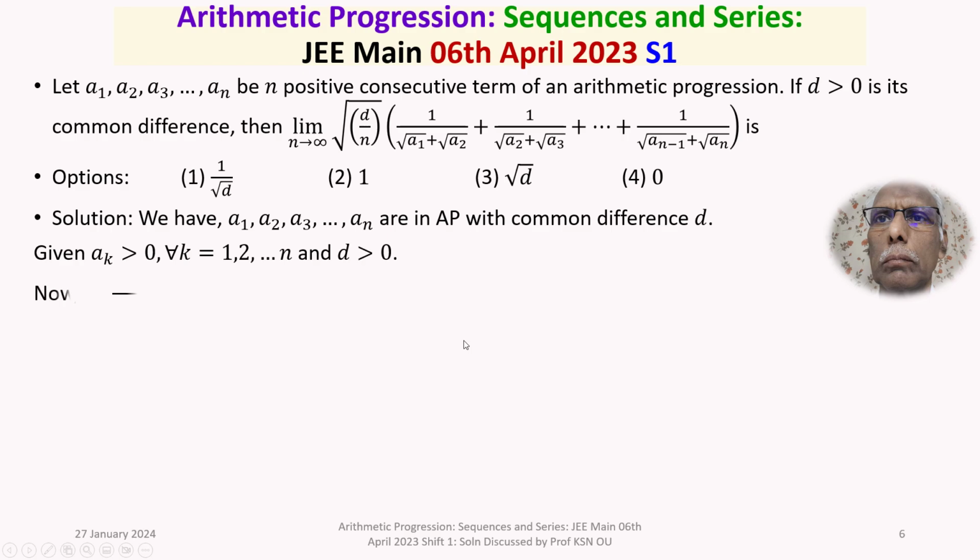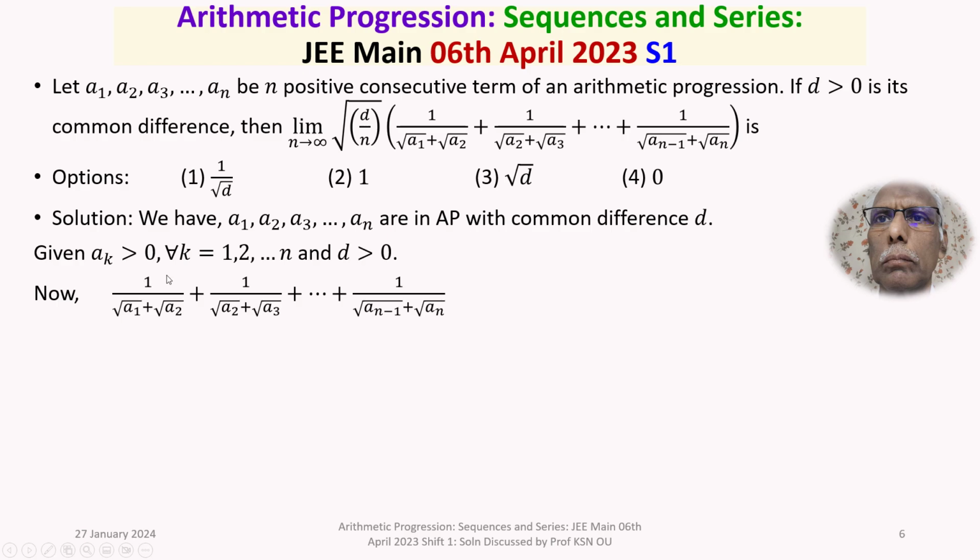Right. So now 1 by root of a1 plus root of a2 plus 1 by root of a2 plus root of a3 plus etc. plus 1 by root of an minus 1 plus root of an. Now rationalizing the denominator in each of the terms, we get the rationalizing factor for the first one is root a1 minus root a2.